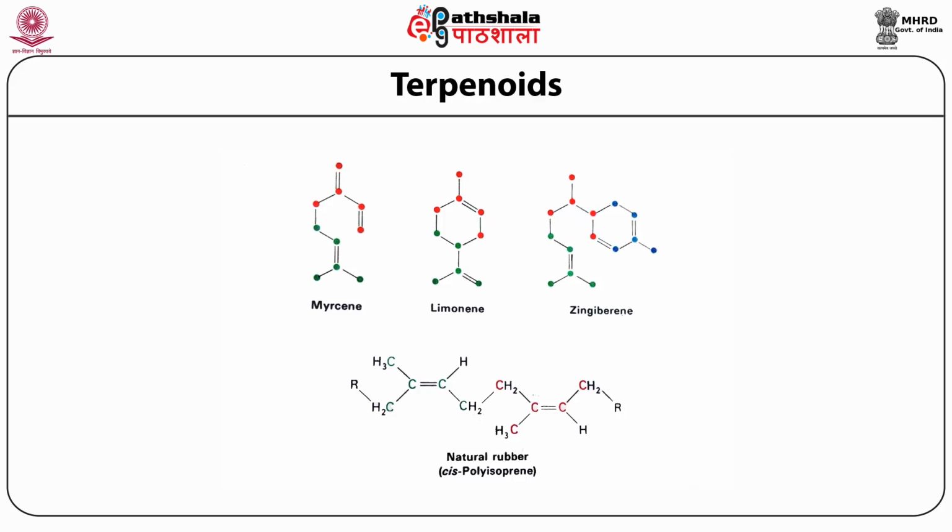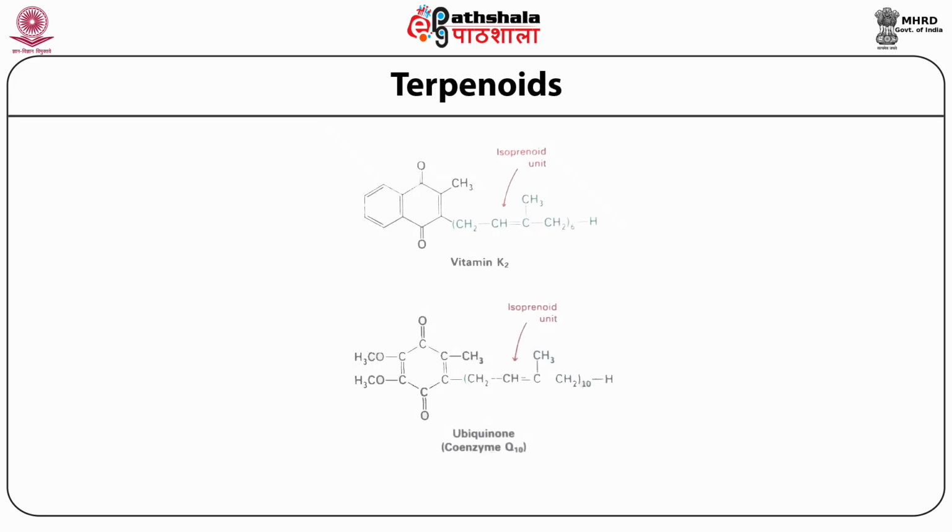The C40 carotenoids are synthesized by IPP forming a C20 intermediate called geranylgeranyl pyrophosphate. 2 molecules of this condense tail to tail. The side chains of vitamin K, ubiquinone and the phytol side chains of chlorophylls are also made from condensation of isoprenoid units.